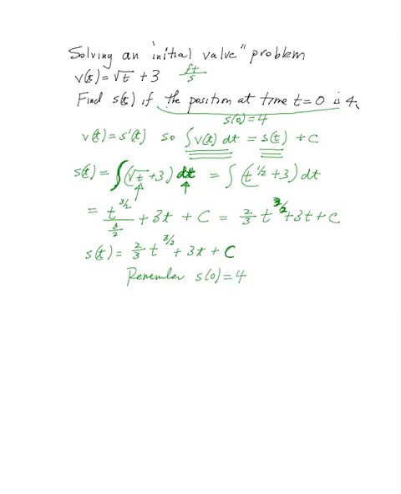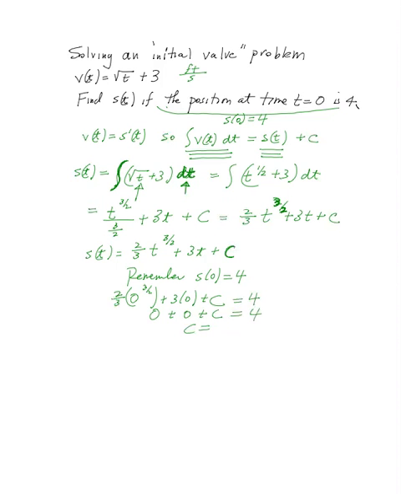So when I put in 0 for t, I get this, but this also is what? 4. So I've got 0 plus 0 plus 3 equal 4.